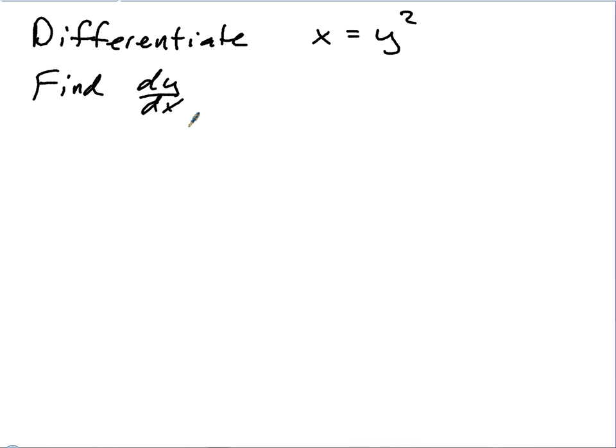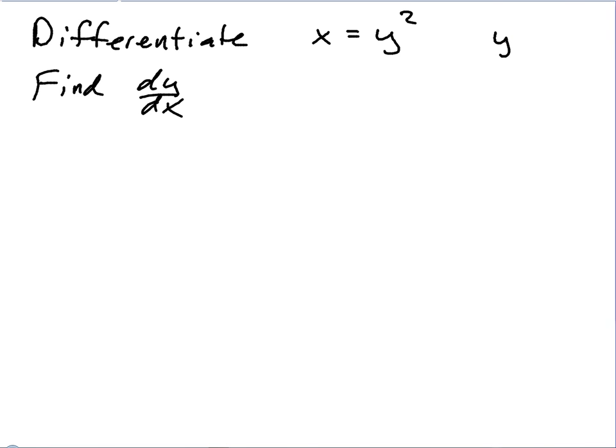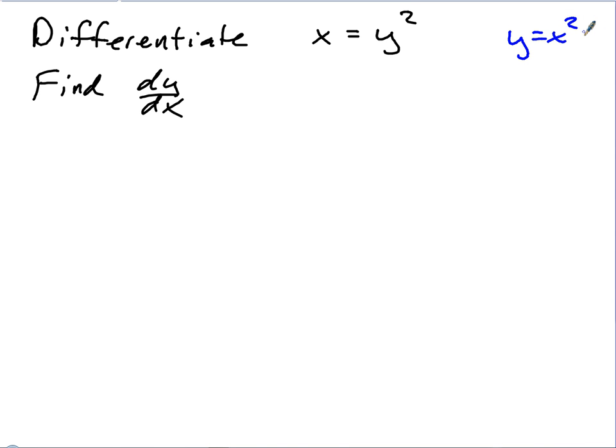Yeah, so a sideways parabola. Good. We could convince ourselves of that pretty easily because if I were to take a different function, say, y equals x squared, I know what that looks like, right?